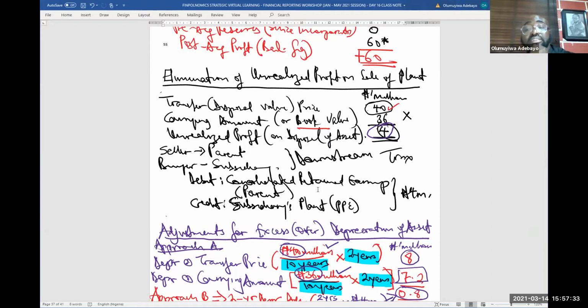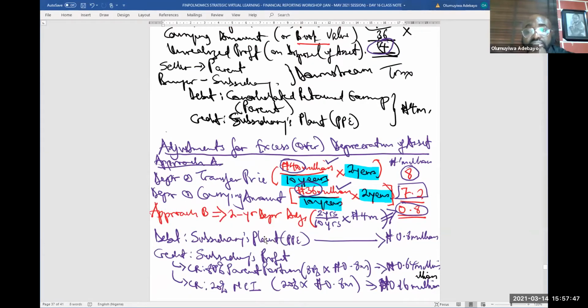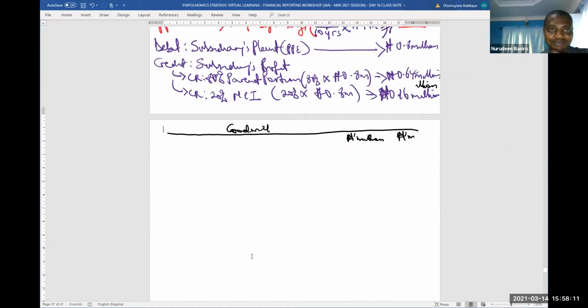Because the parent is the one that sold to the subsidiary, and it's the one that has made that profit, which we have found out is not realized. Exactly. Now, who has depreciated an asset? Is it the parent or the buyer? It is the buyer. Whose profit has been affected by charging depreciation? The buyer. And who is the buyer? Subsidiary. Therefore, okay, I get it now.